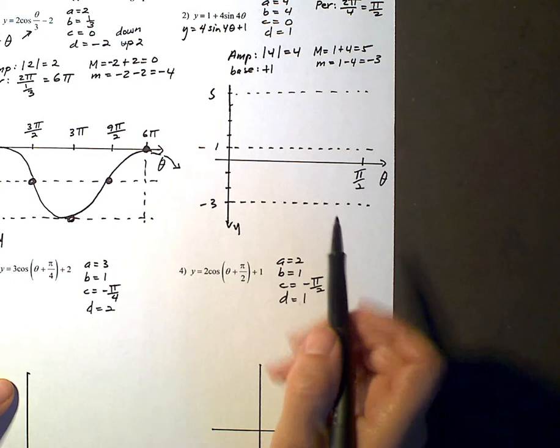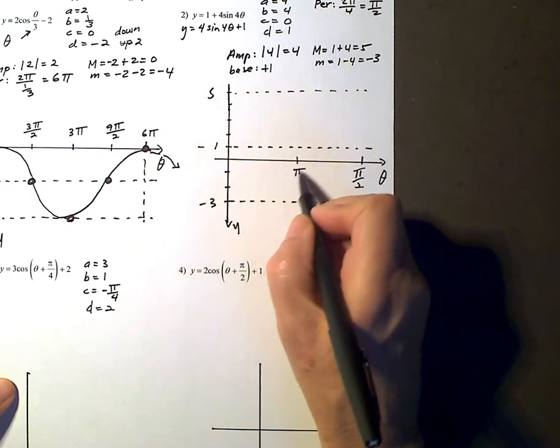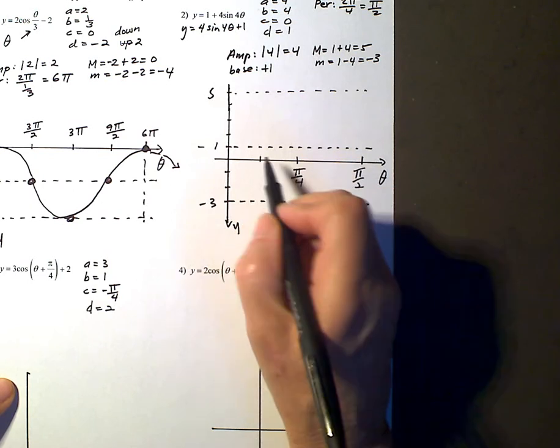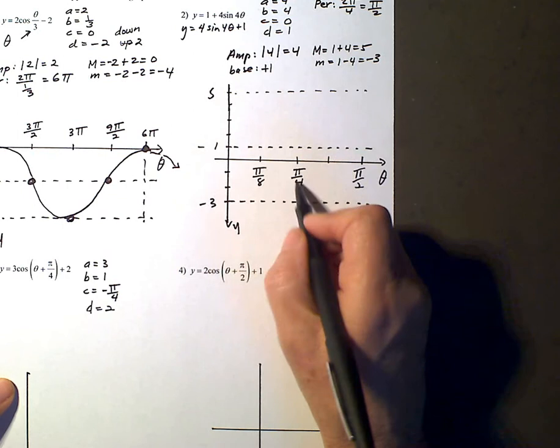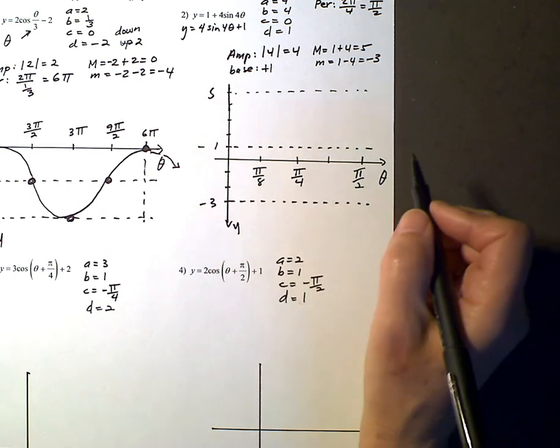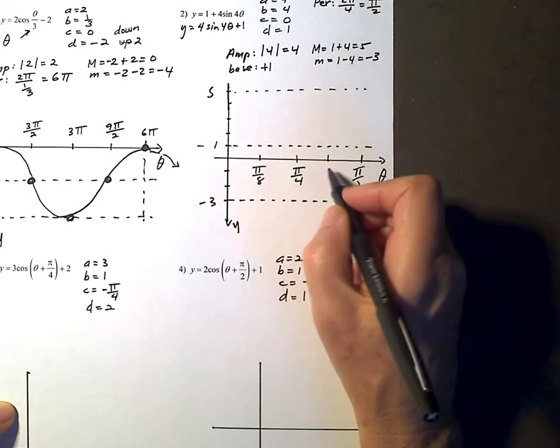If pi over 2 is here and this is 0, then halfway across will be 1/4 of pi, and halfway across here would be 1/8 of pi, and halfway between 1/4 and 1/2, which is 2/8 and 4/8, would be 3/8 of pi.